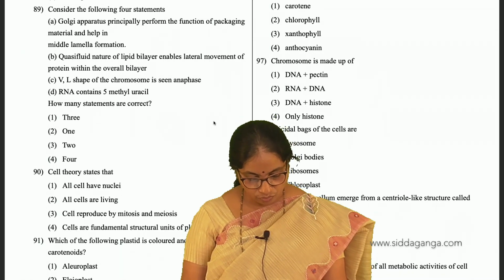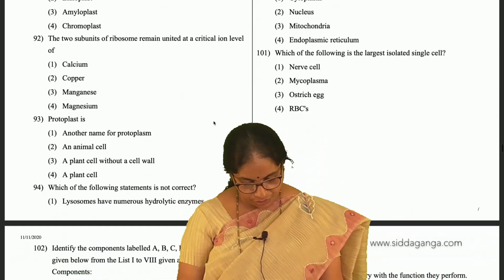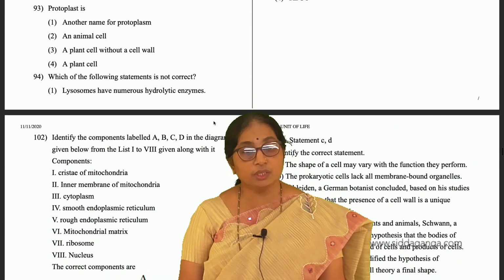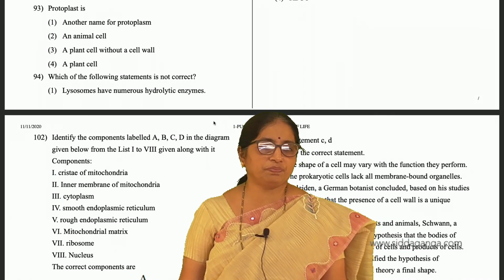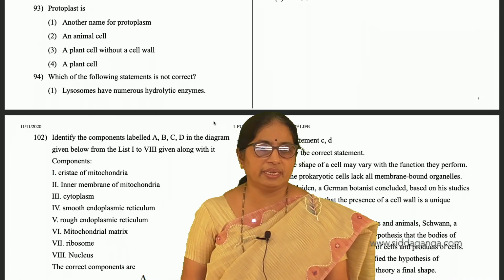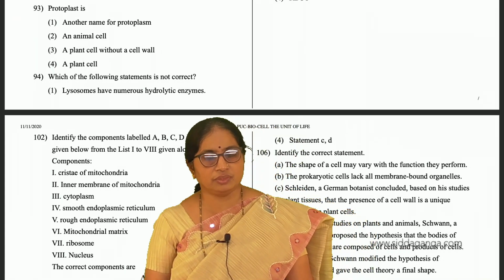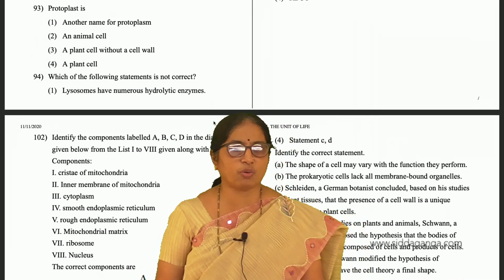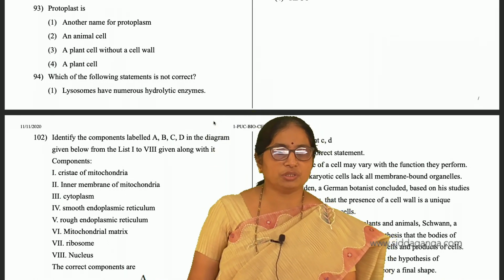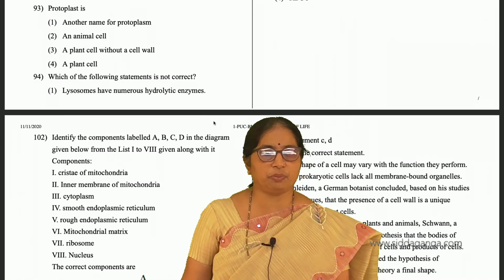Next. Question number 93. Protoplast is. So what is a protoplast? Another name for protoplasm, an animal cell, a plant cell without a cell wall, a plant cell. So which is more appropriate? Another name for protoplasm? Protoplasm is the nucleus and the cytoplasm, you call it the protoplasm.